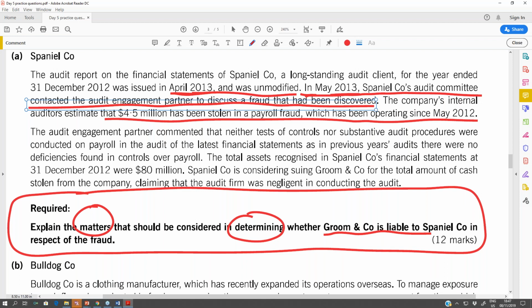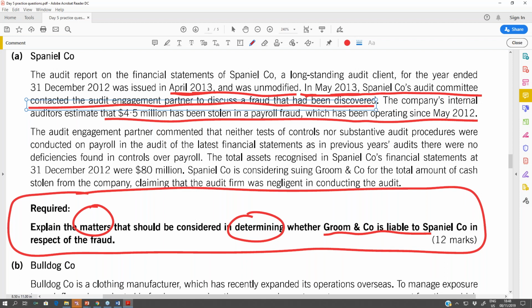Now let's see, are there any issues here? The audit engagement partner commented that neither test of controls nor substantive procedures were conducted on payroll in the audit of the latest financial statements. As in the previous year's audit, there were no deficiencies found in the controls over payroll.